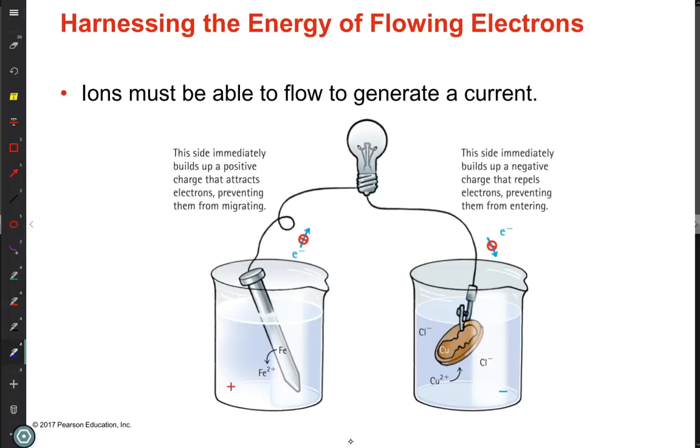Here we have something that has iron on one side, chlorine on the other, and you're going to have a chemical reaction. You have iron that gets etched away, and what happens to the iron? It goes from neutral to positive.